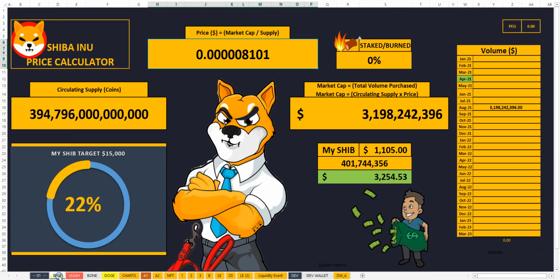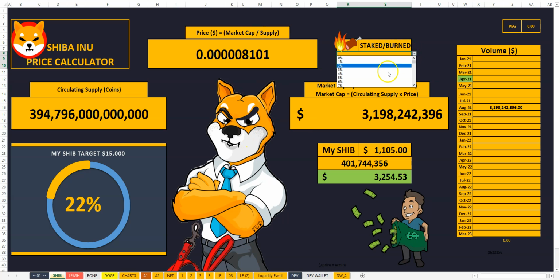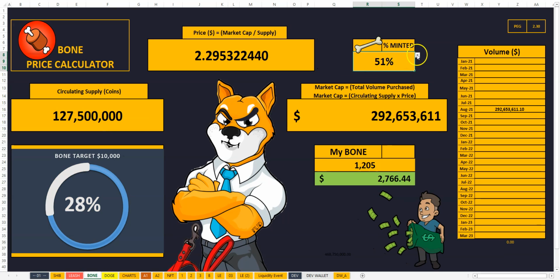I've built features which can simulate the price of a token, and we are able to even burn and stake our tokens and see the effects on the price. Another feature is that we're able to mint, particularly for the Bone token, and also see that impact on the price.